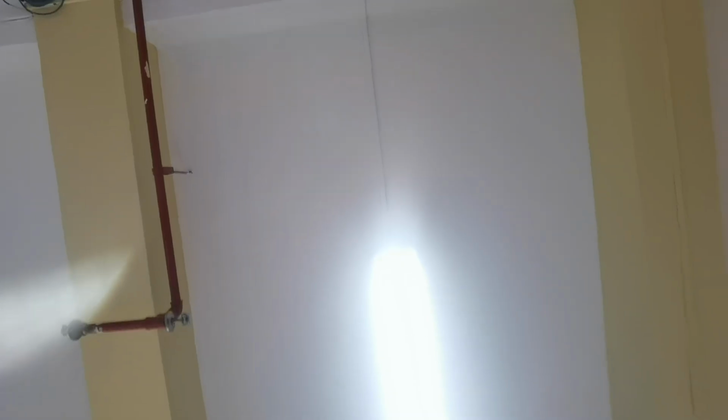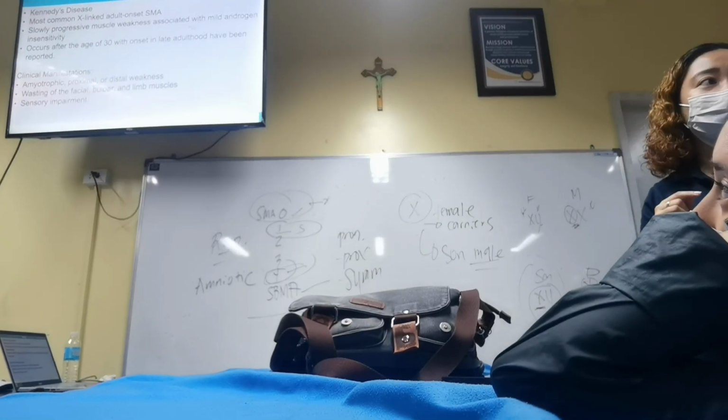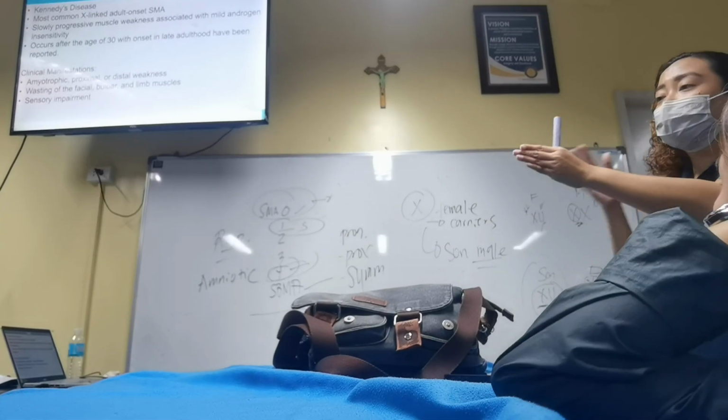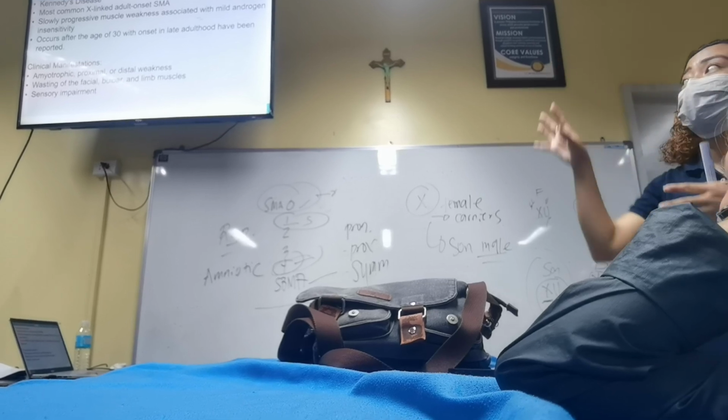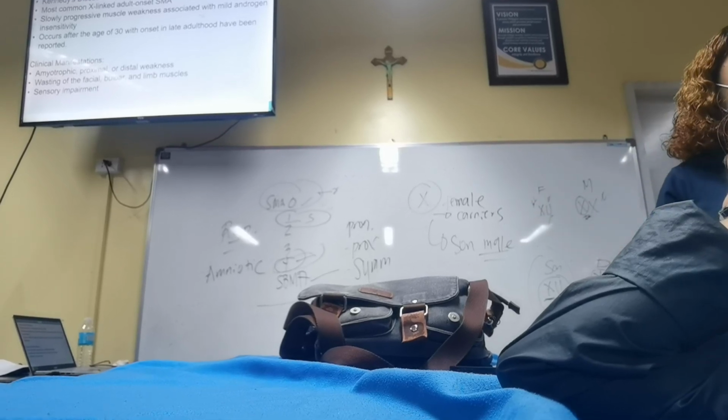It is like SMA4, but it has a different manifestation later. The patient will have a slowly progressive weakness with androgen insensitivity. Normally, those affected are males, but there are androgen problems with this patient.